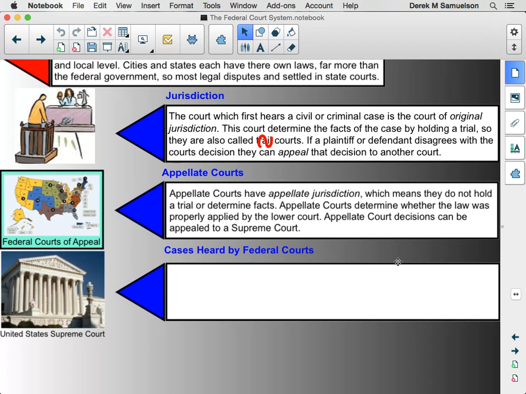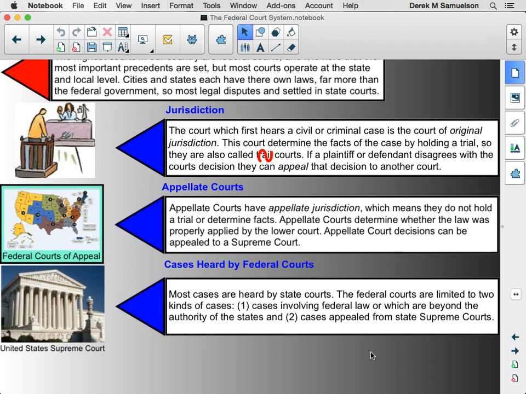And if it wasn't, well, we'll move forward and see what we should do about it. Appellate courts determine whether the law was properly applied by the lower court. Did they do it correctly? Now, appellate court decisions can be further appealed, but now you got to go to the Supreme Court. Supreme Court is the final court of appeal.